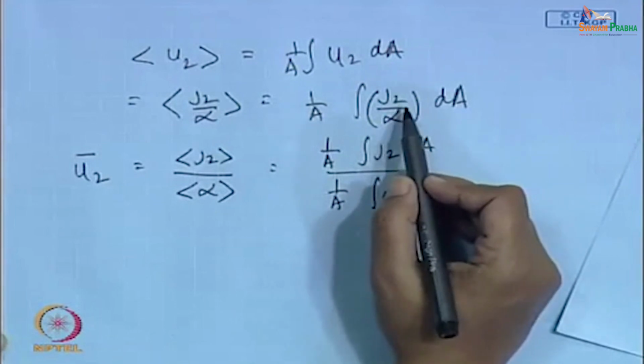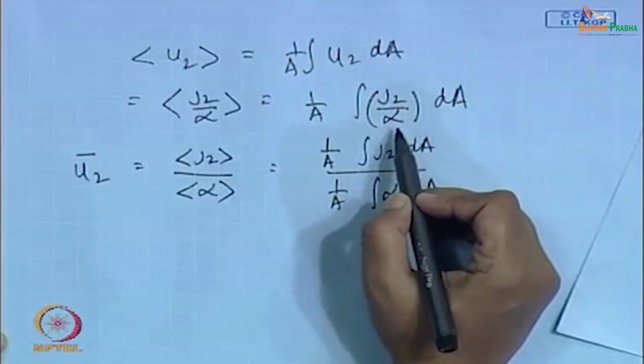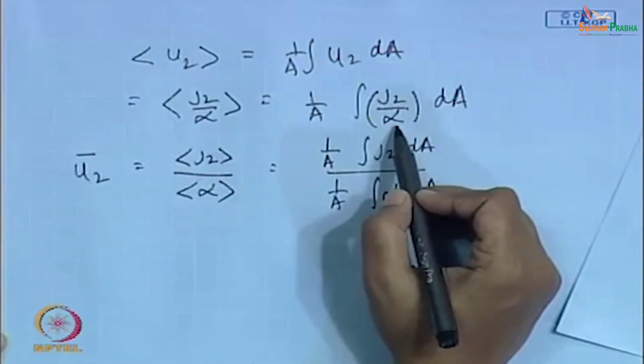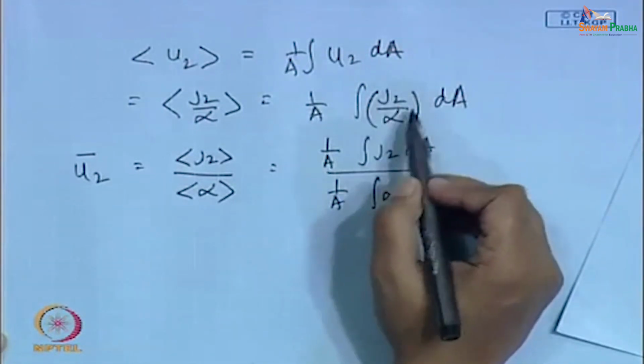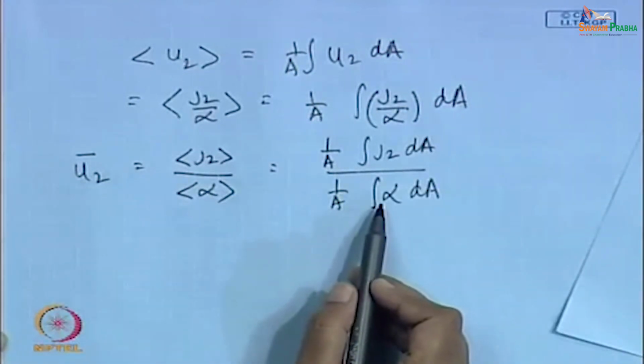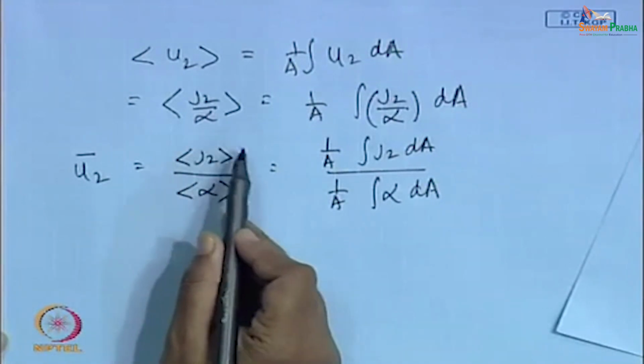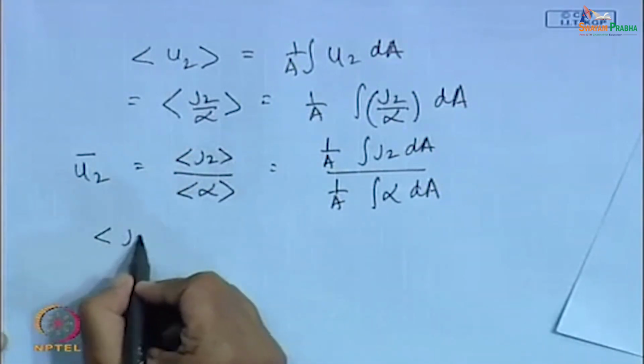For this, what you have to do? You have to measure the local or the in situ J2 at every point, the local or the in situ alpha at every point, divide the two, find the quotient, then integrate that quotient. In this particular case, it is much easier. You find the cross sectional average J2. Finding the cross sectional average J2 is very easy.